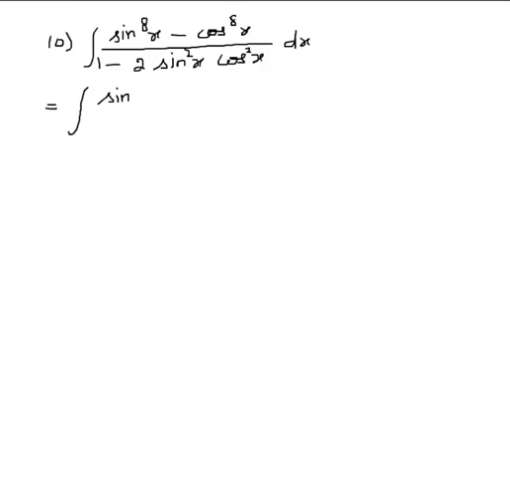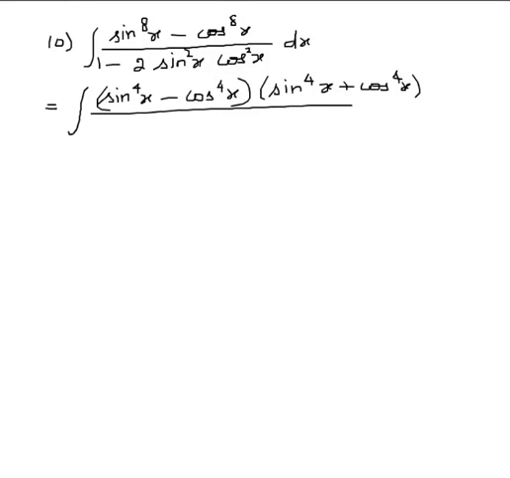So this can be factorized as sin power 4x minus cos power 4x times sin power 4x plus cos power 4x, divided by 1 minus 2 sin square x into cos square x, dx.